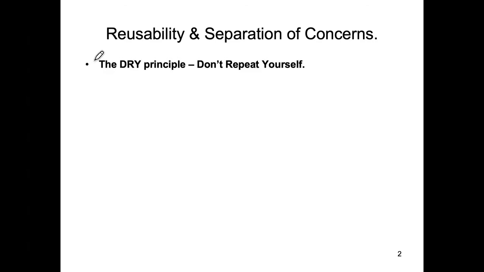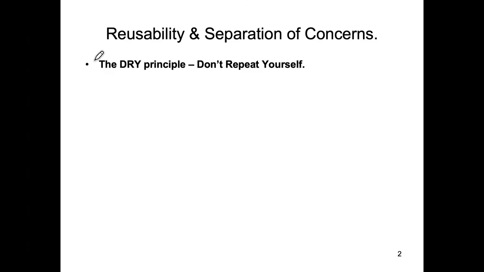Related to this is the notion of the DRY principle, where DRY stands for don't repeat yourself. The idea being that nowhere within your code base for a particular application should you have code that is repeated multiple times, albeit there may be slight differences between the repetitions, because it's obviously not a good idea.